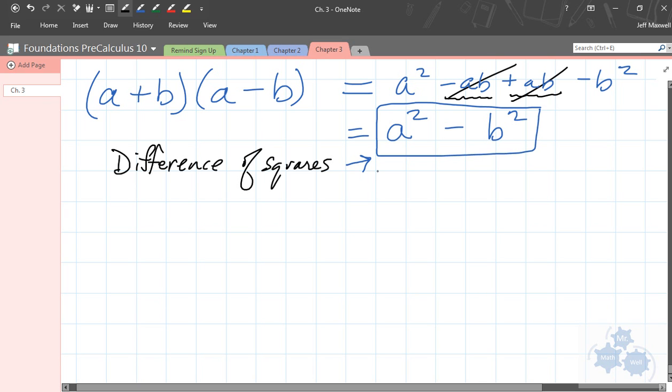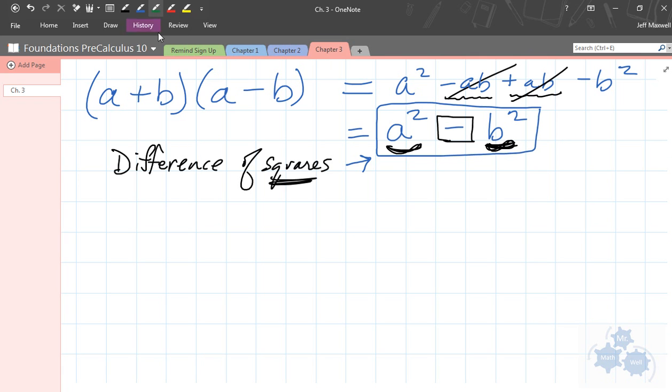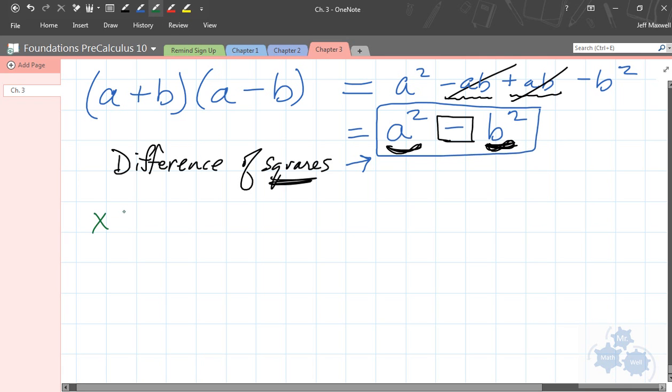And it's pretty self-explanatory. A difference means subtraction. So we've got a subtraction in there between two terms. And squares are perfect squares. So this is a perfect square. This is a perfect square. So examples would be x squared minus 9. That's an example. 16y to the fourth minus 25. That's an example.